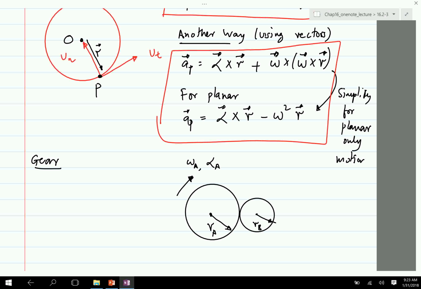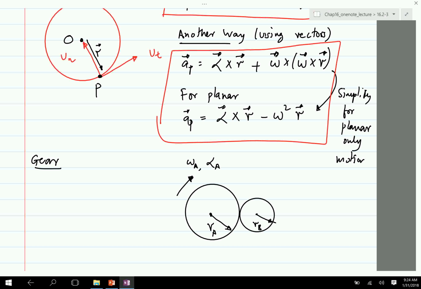The way to get the direction of the angular speed is you curl the fingers of your right hand along the direction in which this arrow is going. My thumb gives the direction of angular acceleration or angular velocity in this case. So the angular velocity is pointing inward. Okay? So if this gear spins clockwise, this one is going to spin exactly in the opposite direction.